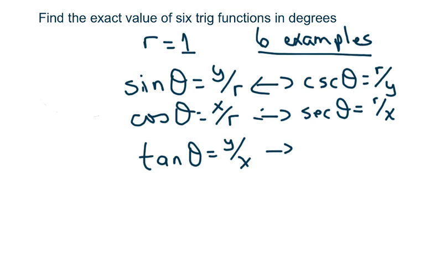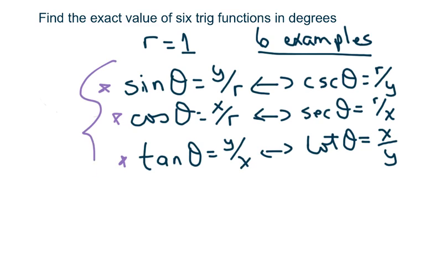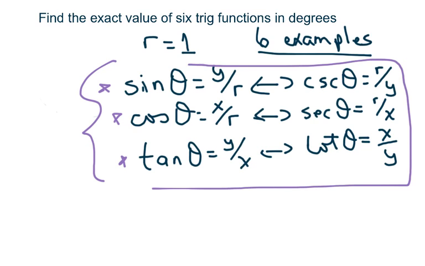And cotangent of theta equals x over y. Just notice that for these I just flipped the ratios. Okay, let's get started, because you should probably know these before you watch this video, the trig ratios.